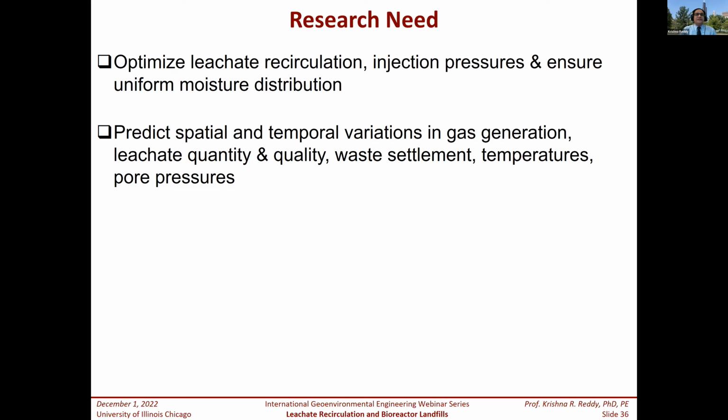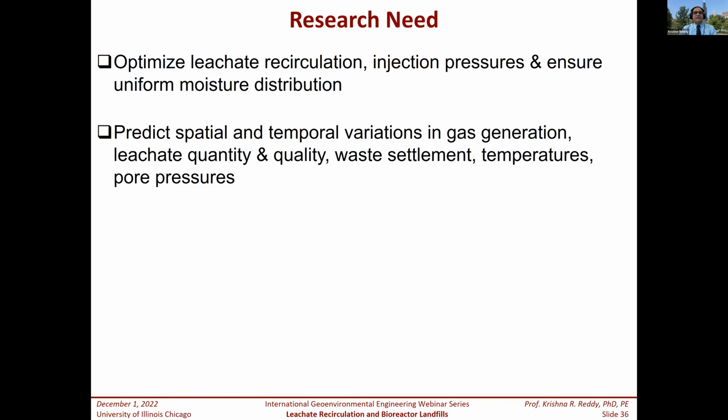This is a really big challenge because, as I mentioned, the waste is highly heterogeneous and it needs to be properly designed. And how do we predict the spatial and temporal variations in gas generation, leachate quantity and quality, waste settlement, temperatures and pore pressures?